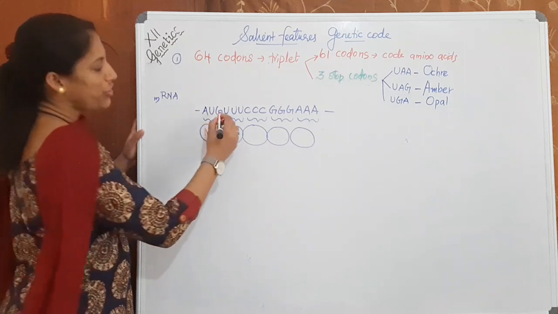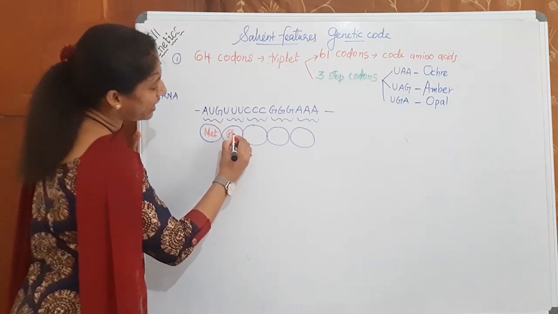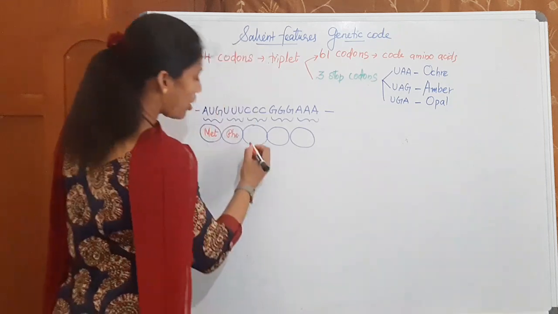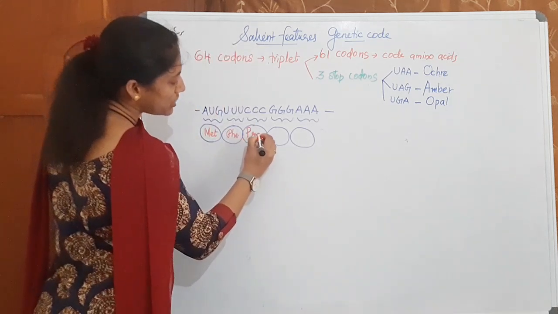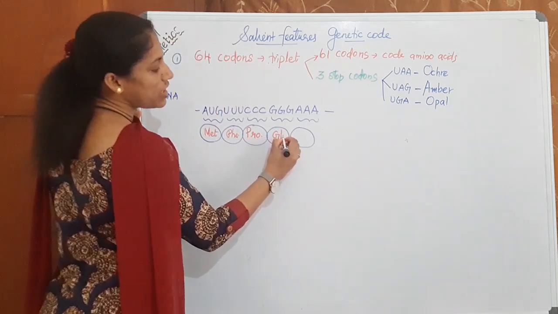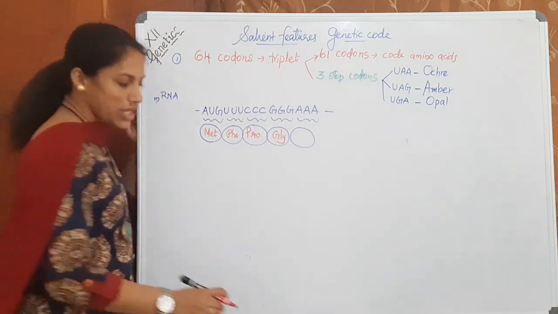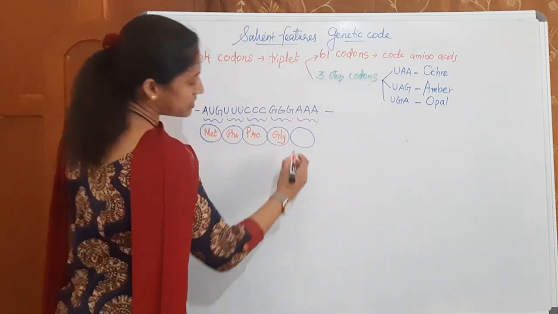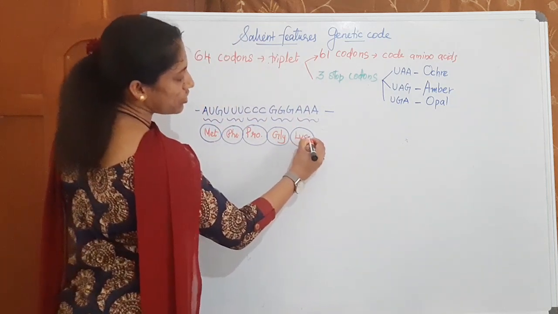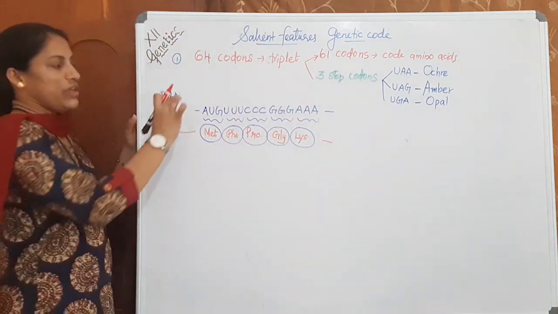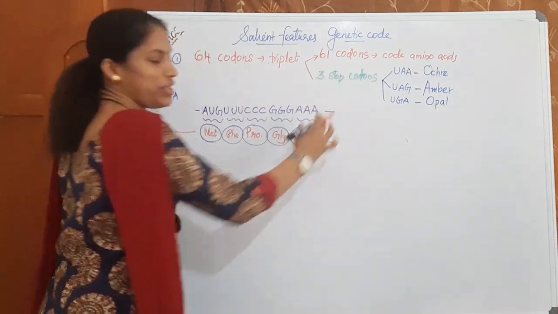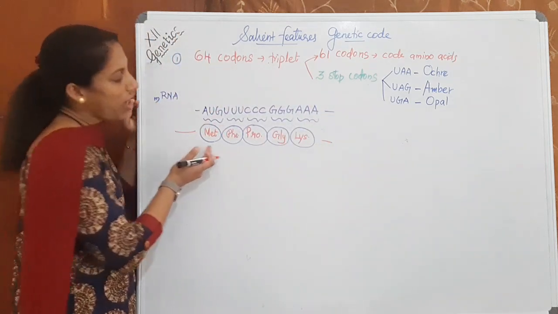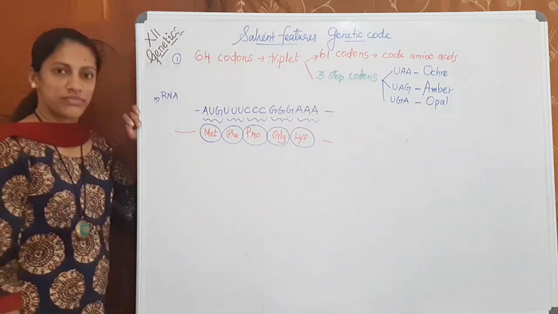UUU stands for phenylalanine. CCC stands for proline. GGG codes for glycine. AAA codes for what? Lysine.